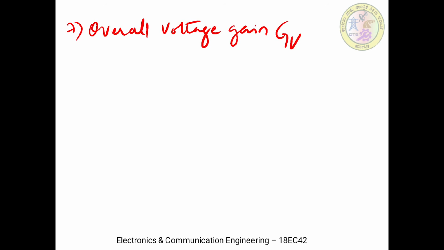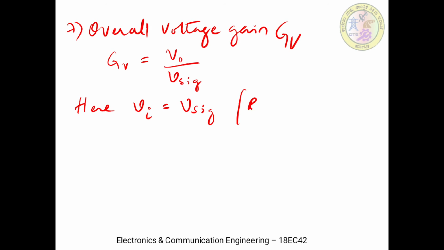Now overall voltage gain, how we define it, is V naught by VSIG. Okay. But here in this particular circuit, Vi is nothing but VSIG only. So this is because Rin is equal to infinity. Okay. So therefore now GV is simply V naught by Vi.